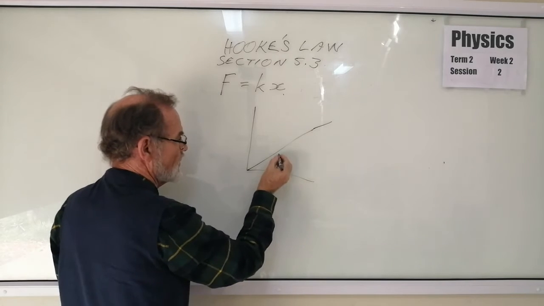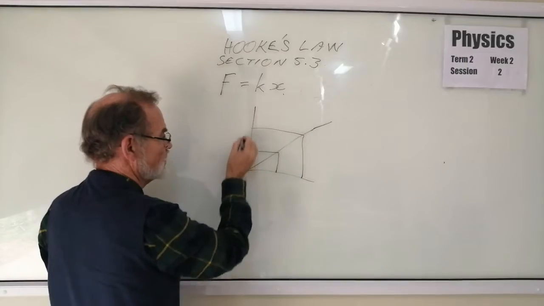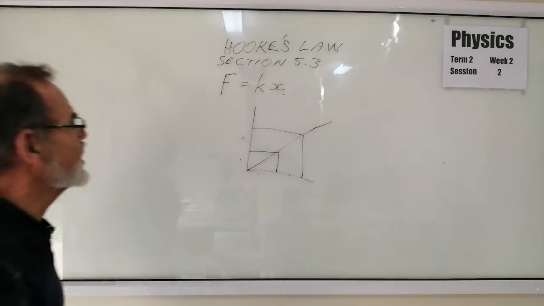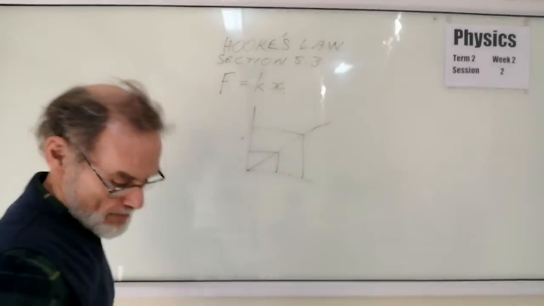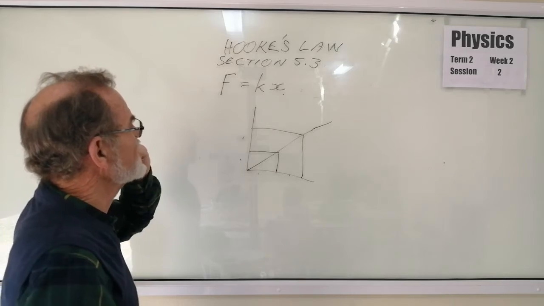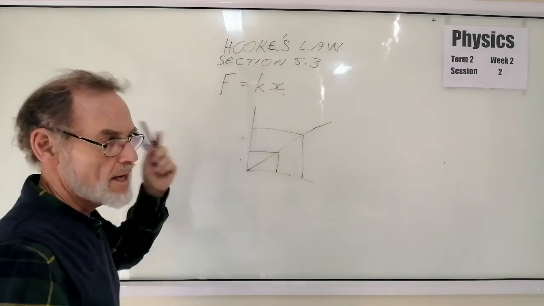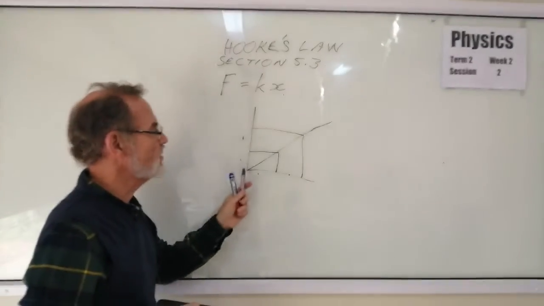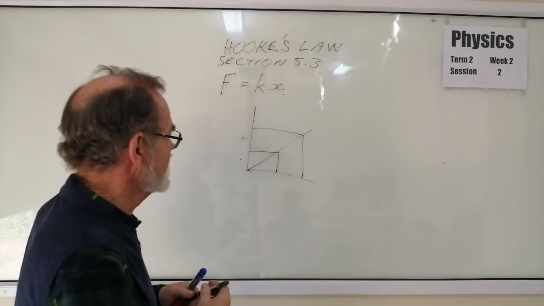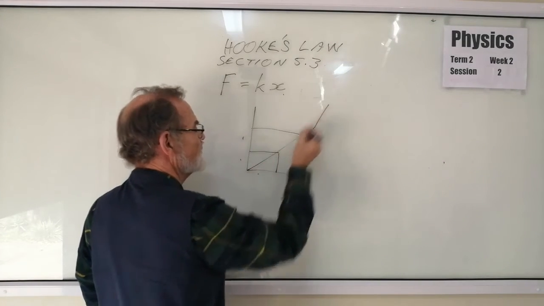So if this doubles, then this will be double. So, directly proportional. And that is what Hooke's law states, that the load is directly proportional to the extension as long as the limit of proportionality is not exceeded. If you stretch the spring too much, you'll get that effect.